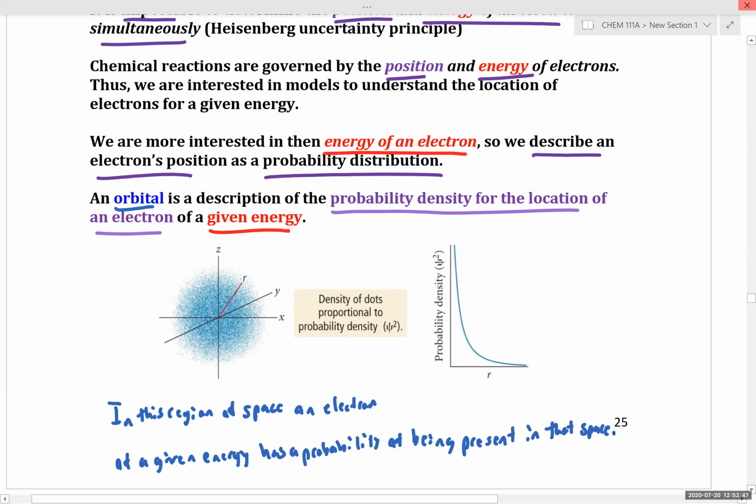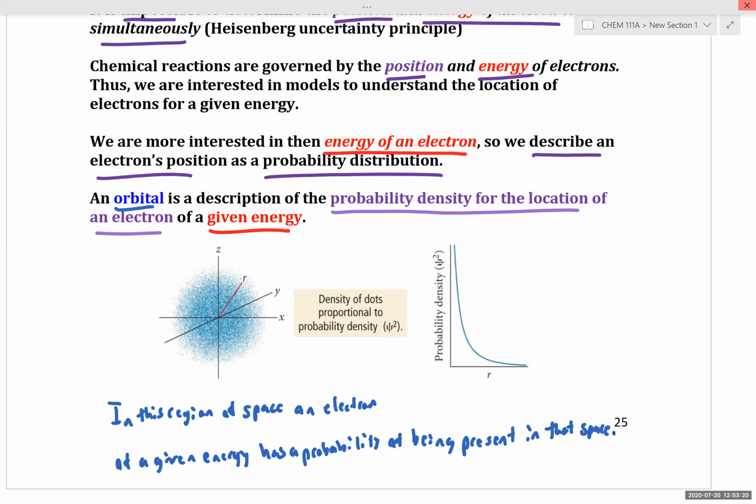One way to think about it is if you've ever, for example, ordered an Uber or another ride-sharing service, you sometimes see this little indicator where the driver is somewhere in this region of space. So the driver is likely to be somewhere in this region of space. Just like with your electron, you have an idea of the driver's energy, how fast the driver is going, but you don't know the exact location.